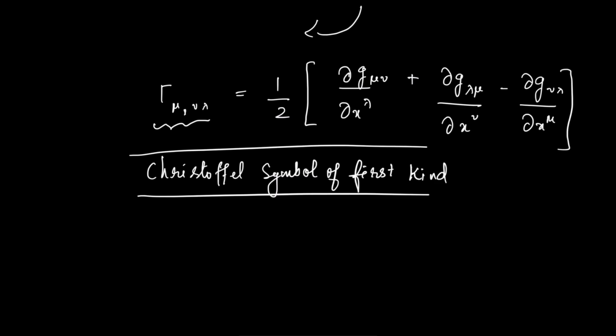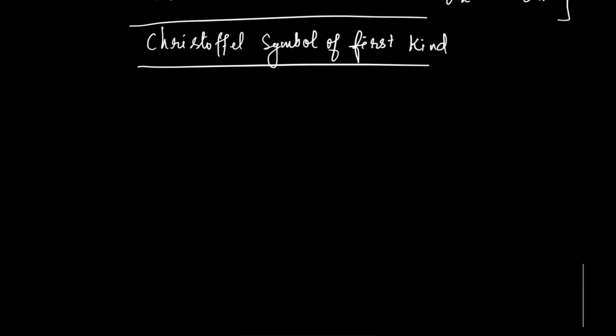Now let's do an operation with the fundamental contravariant metric tensor with the Christoffel symbol of first kind. So I am going to multiply g mu sigma, the fundamental contravariant metric tensor, with the Christoffel symbol of first kind.